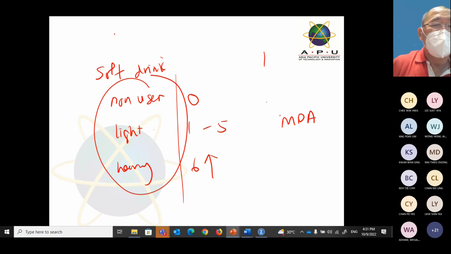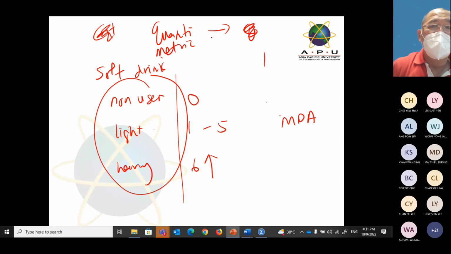So sometimes, in this example, from quantity become quality, meaning from metric become non-metric. It's possible, sometimes, not always. Sometimes it depends on the context.